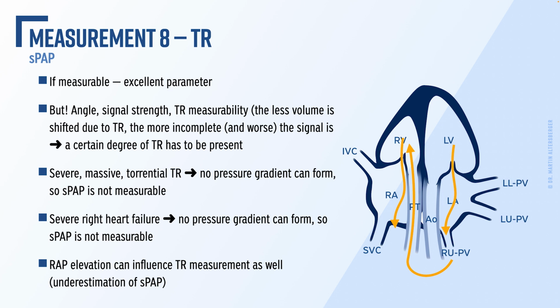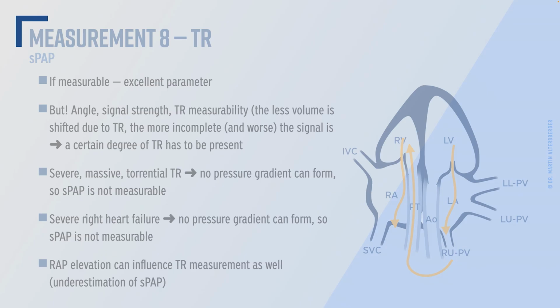Also in severe right heart failure, if you have a right heart which has a severely reduced function, also no pressure gradient can form. So the sPAP you are getting is also not usable. The right atrial pressures can also influence TR measurements, leading to an underestimation of systolic pulmonary arterial pressures if they are truly significantly elevated.